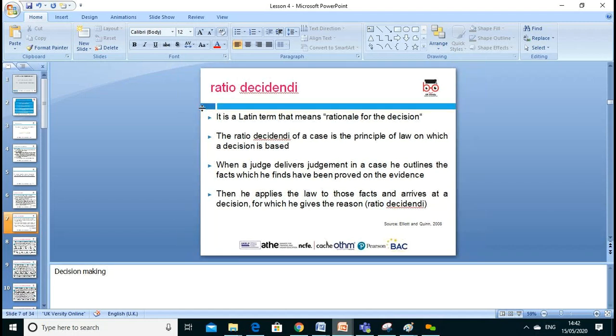Some we do rationally, some irrationally, yes? Decision making always means selecting the best course of action. So you're looking in terms of cost, in terms of benefits, in terms of performance, quality. So always we're looking at all these.